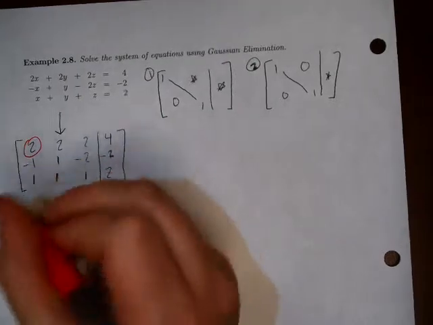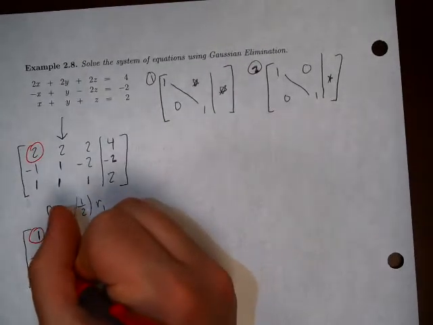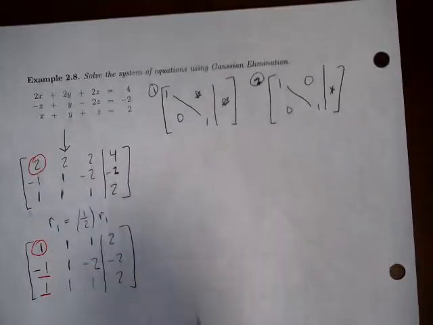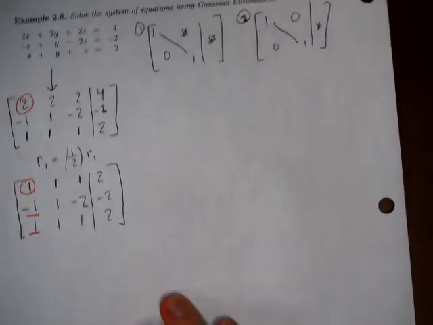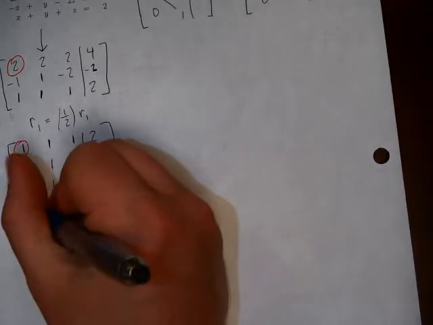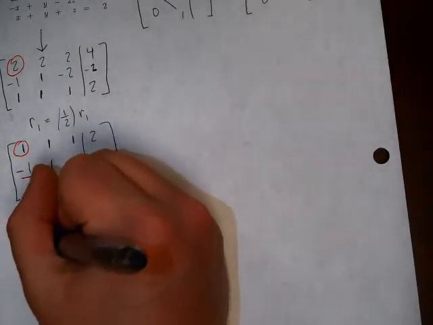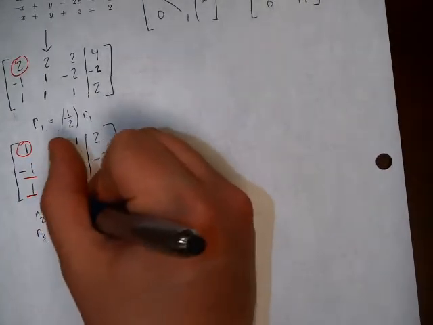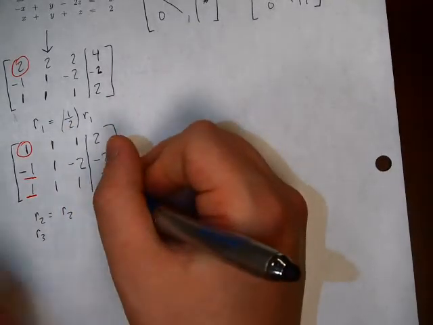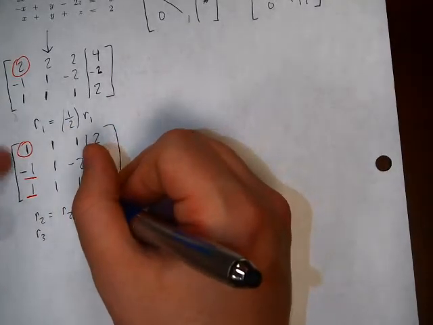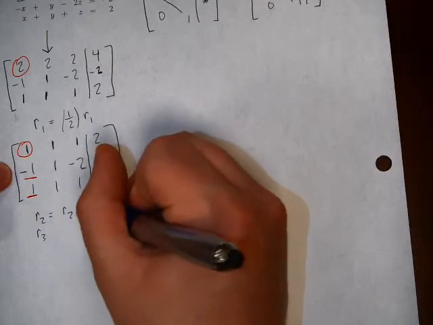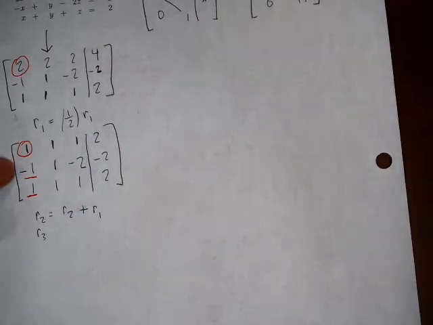this 1 up here, we want to be able to eliminate these ones and get zeros below. And so we will change both row 2 and row 3. So row 2 will become row 2 plus row 1, because if we want these to cancel, we need to add row 1 in order to get that 0.